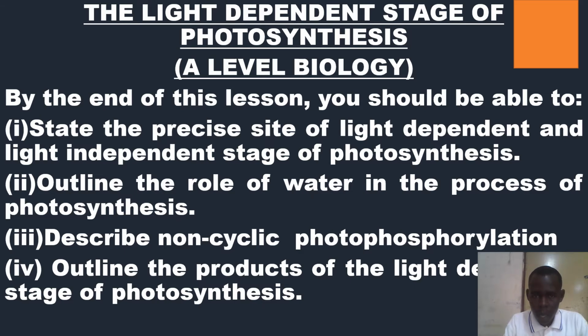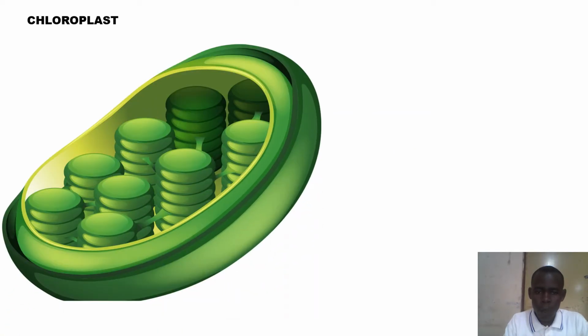Before we discuss all of this, let us first look at a chloroplast, because it is the site where photosynthesis takes place in a leaf. When we talk of a chloroplast, we are talking about an organelle which you are already seeing on the screen.